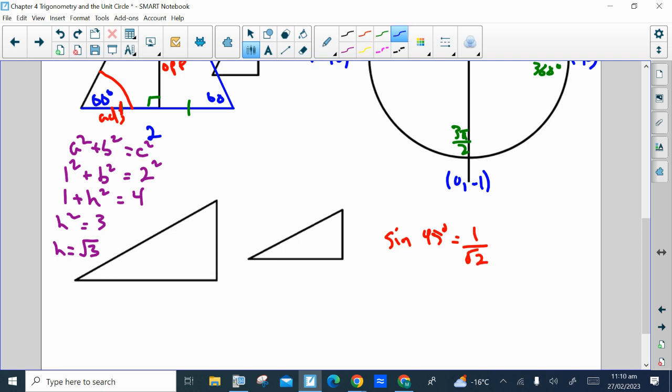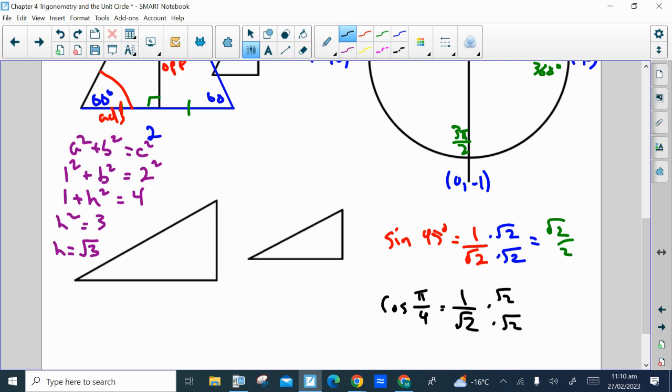And if you rationalize by multiplying top and bottom by root 2, you're going to get root 2 over 2. Same thing with the cosine. The cosine of 45 degrees, or pi on 4 radians, is also 1 over root 2. And again, if you rationalize by multiplying top and bottom by root 2, you'll also get root 2 over 2.